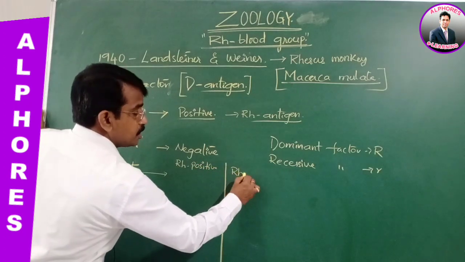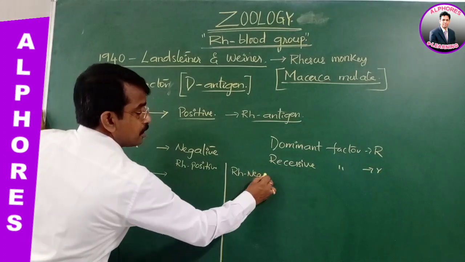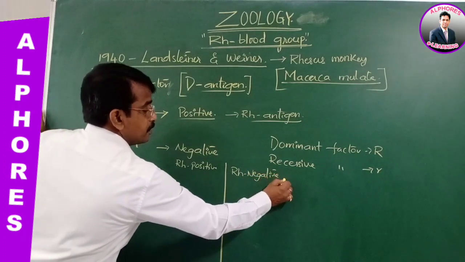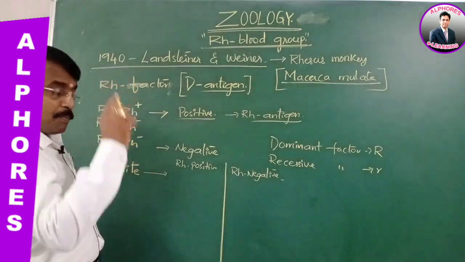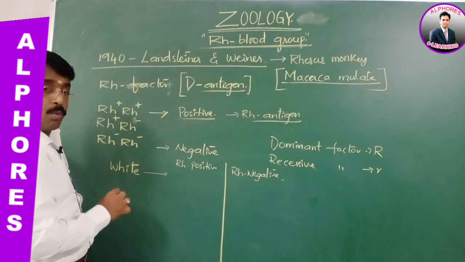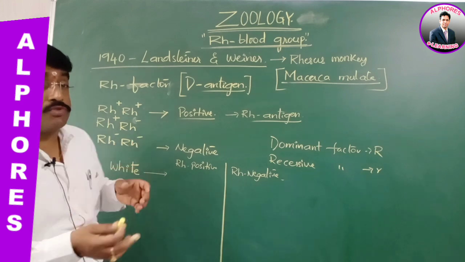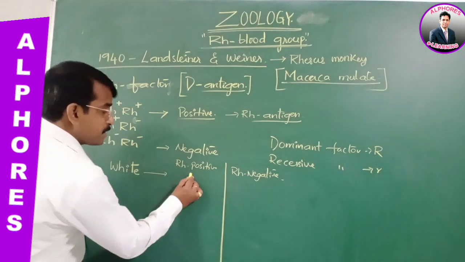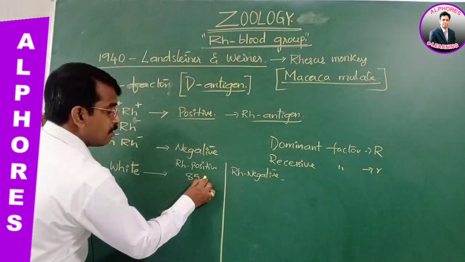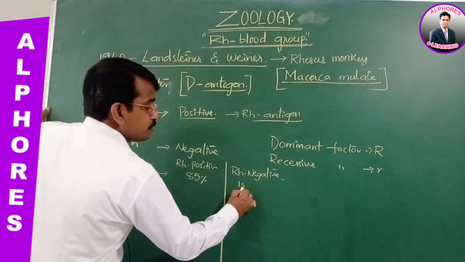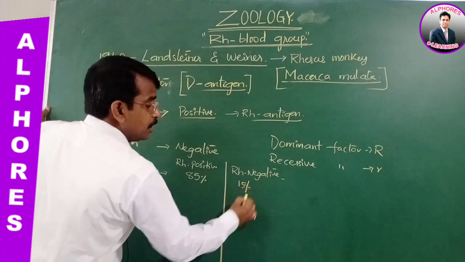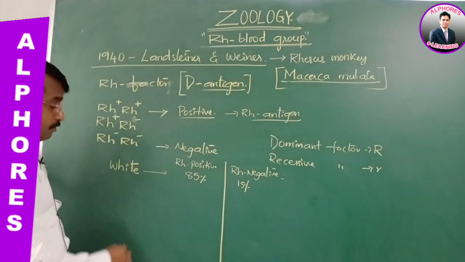For the whitish population, 85% are Rh positive, whereas 15% are Rh negative.